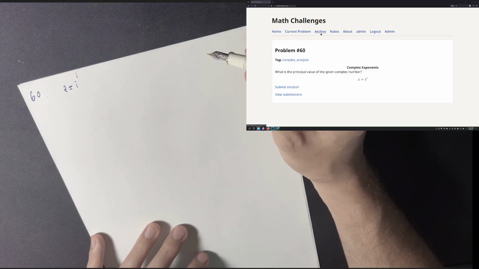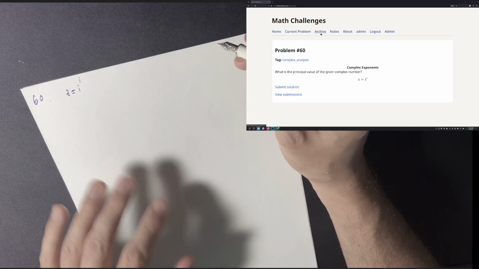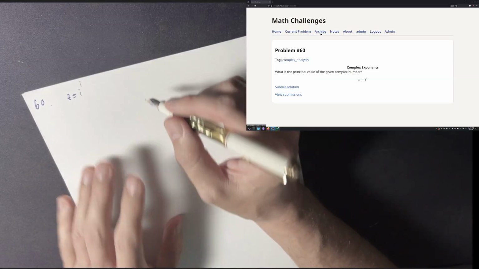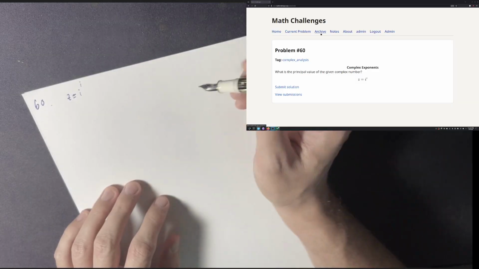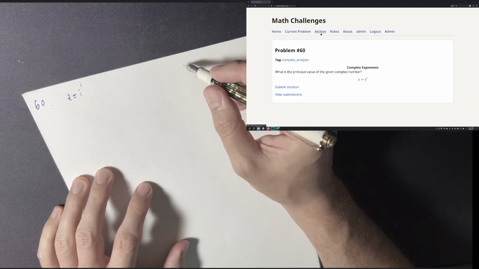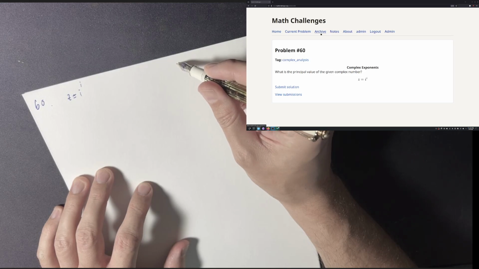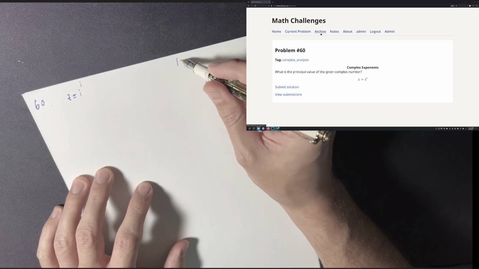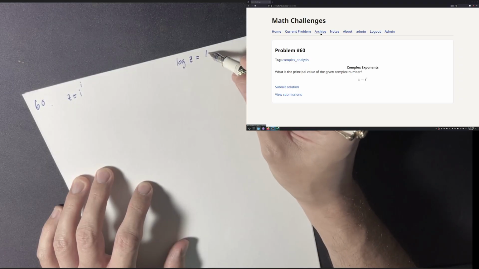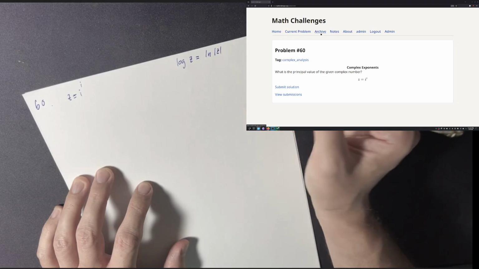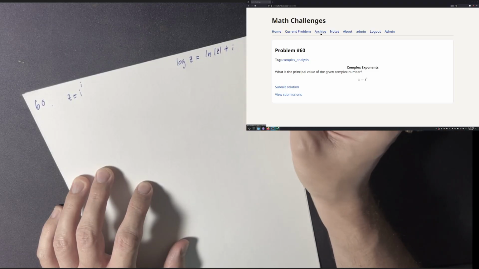So principal value is a hint that you're going to use a logarithm to evaluate this thing. Generally, when you take the log of a complex number, you get a magnitude and an argument.